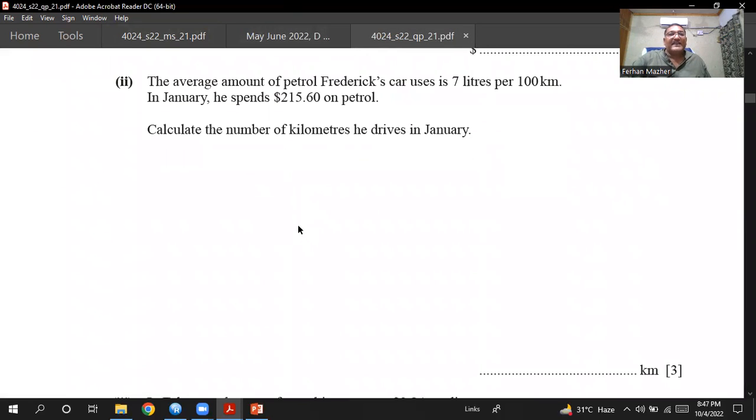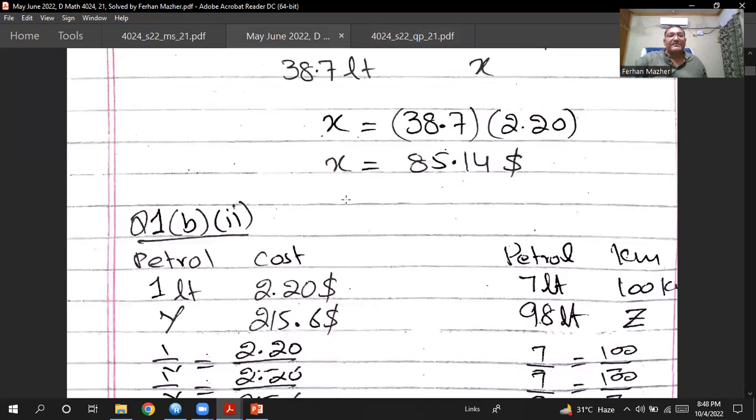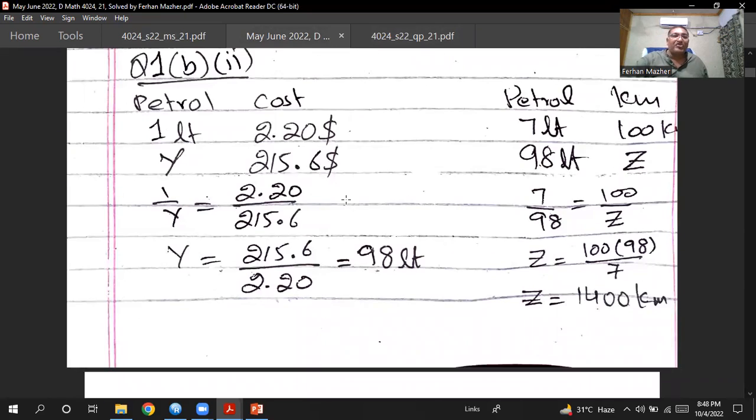So the next question, he says the average amount of petrol Frederick's car uses is 7 liters per 100 kilometers. In January, he spent $215.60 on petrol. Calculate the number of kilometers he drove in January. Very simple, but this is a two-step question.